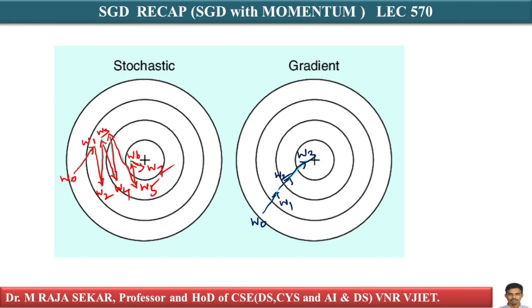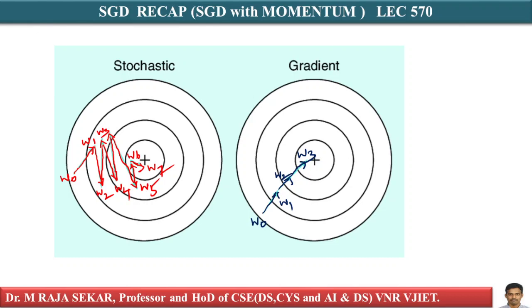Just compare these two diagrams. Even though the blue line has taken 4 steps, the red line has taken 8 steps, isn't it? But it eventually converges to the same point. So you can think of SGD as eventually reaching, maybe after many iterations, the same minima that gradient descent could reach.